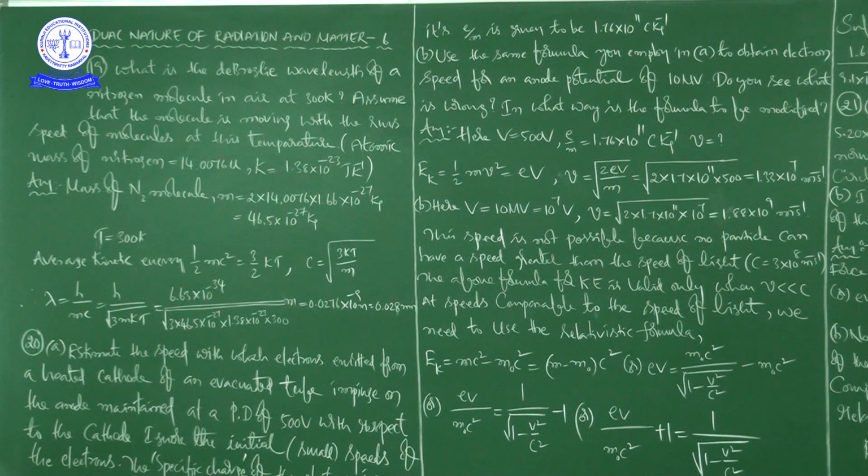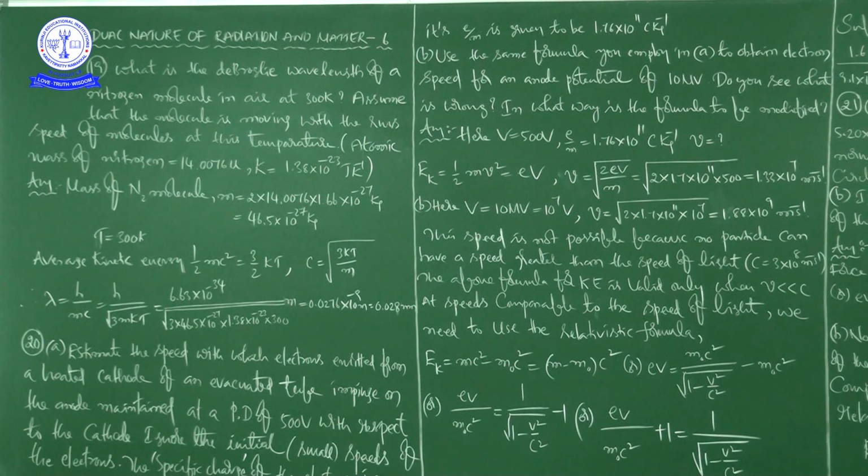Next, B. See here, use the same formula. Use the same formula you employed in A to obtain the electron speed for an anode potential of 10 million volts. 10 million or 10 mega, what is this value? It is 10 power 6, so 10 MV, right? Do you see what is wrong?